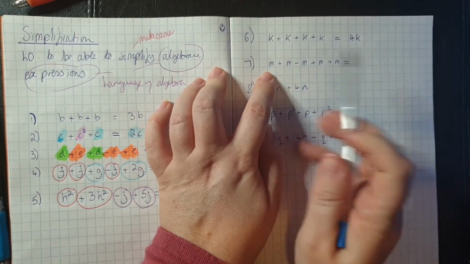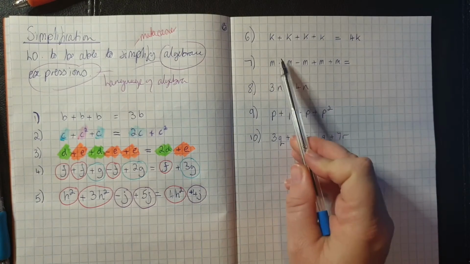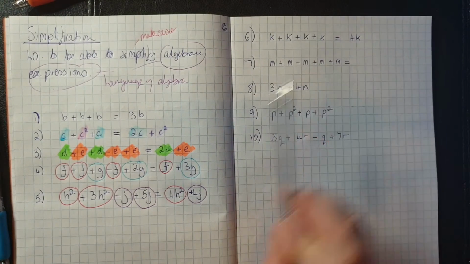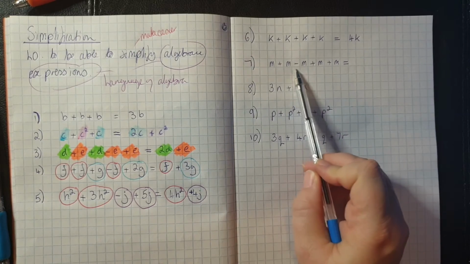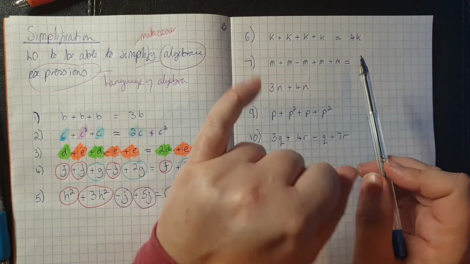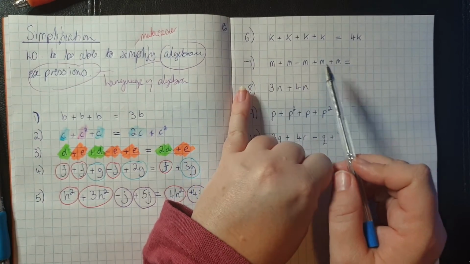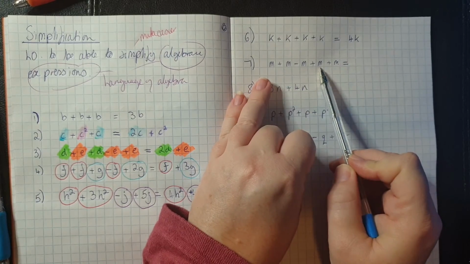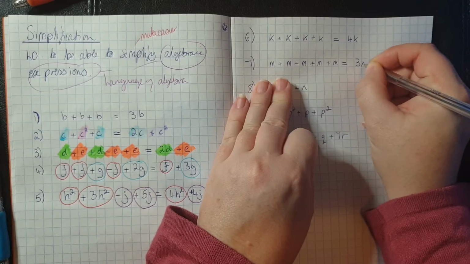Okay, double check number 7. These are all M's. Again, no indices, so they're all the same. But here we are subtracting an M. So we'll get M plus M, subtract an M, plus another M, plus another M, gives us 3M.